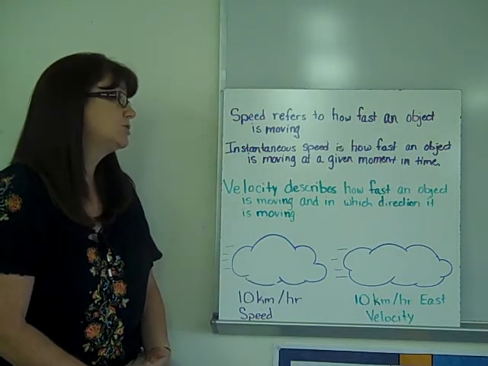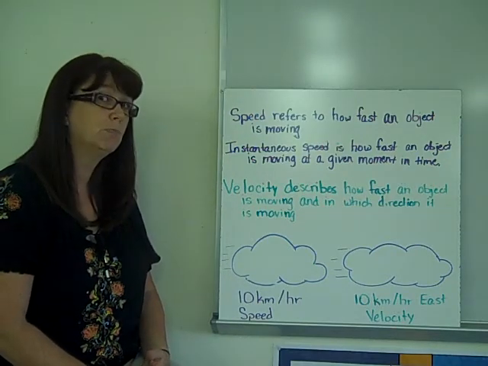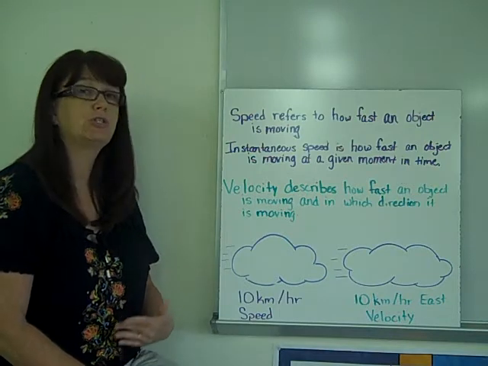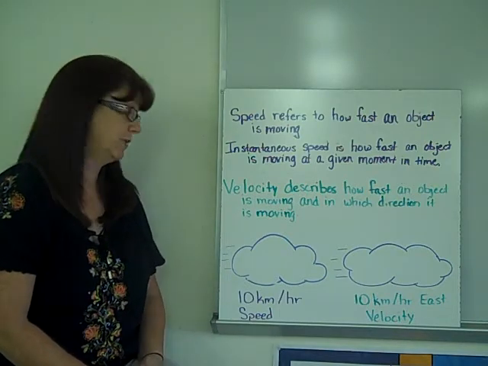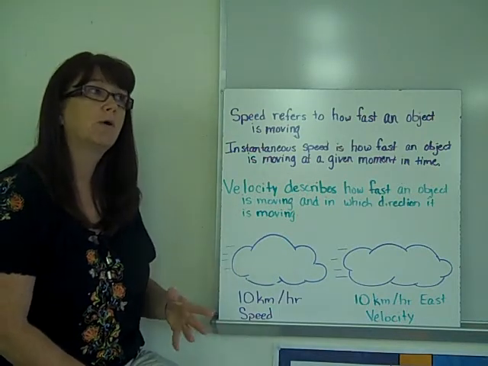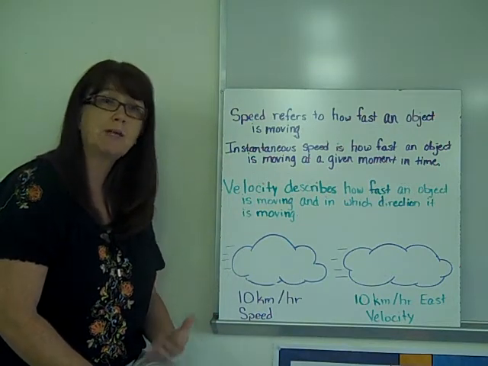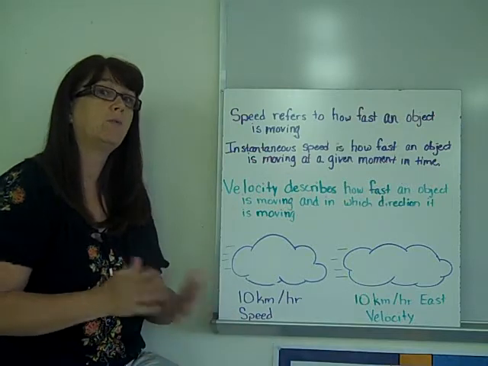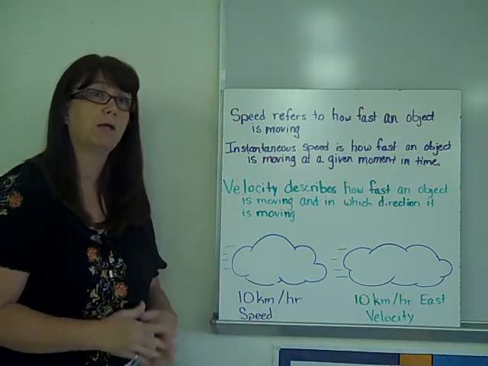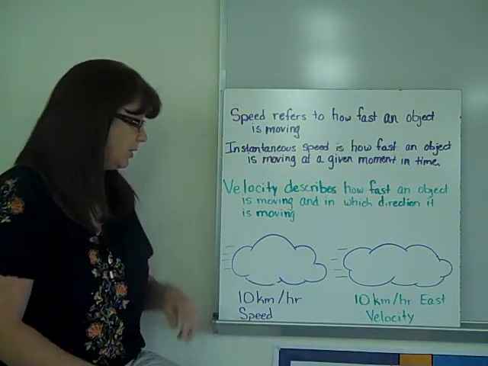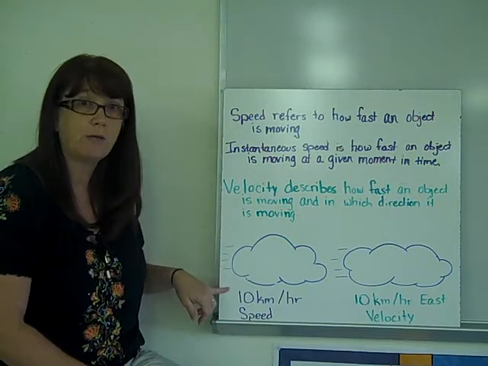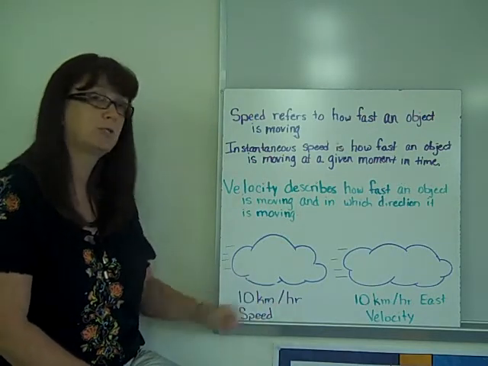Velocity describes how fast an object is moving and in which direction it's moving. So for example, if you watch the news at night and you listen to the weatherman, a lot of times he will tell you about the wind and the wind patterns and the speed of the wind and where the wind is blowing to. So for example, he may say that the wind is blowing at 10 kilometers per hour.